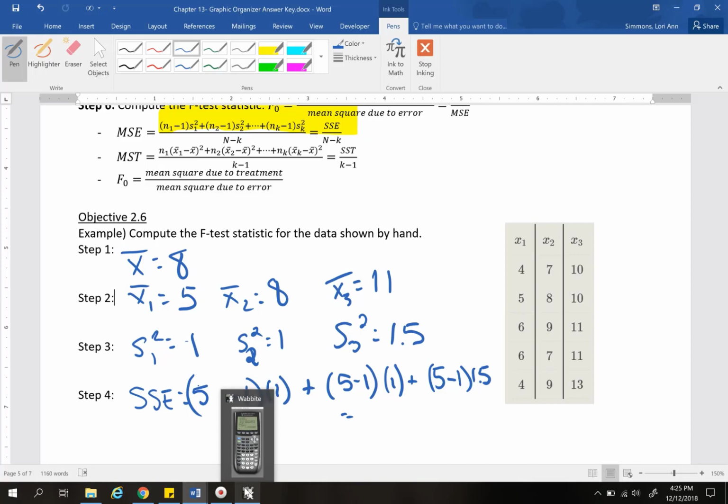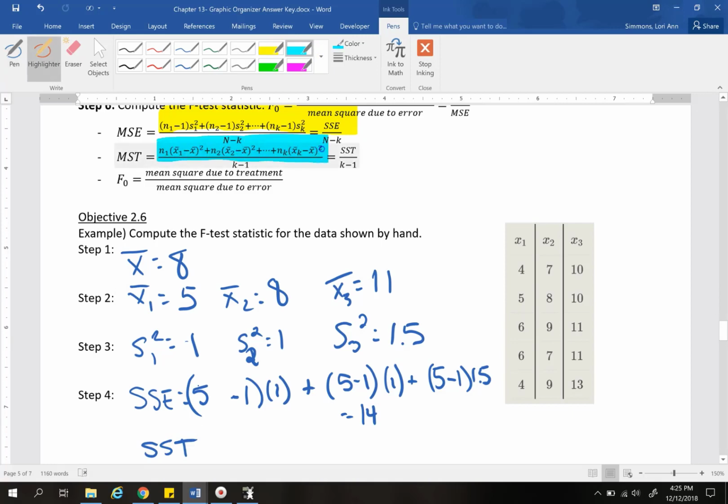So then we need to do SST. And now that's going to be the portion on the numerator for that one. So again, the number of values in your first sample is 5. Your x bar sub 1 is 5 minus your x bar 8. And then repeat that again for your next 2 samples.